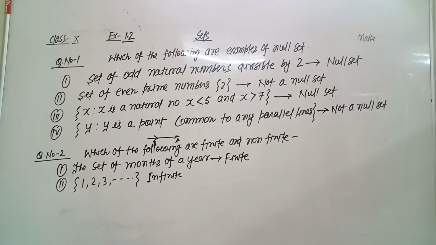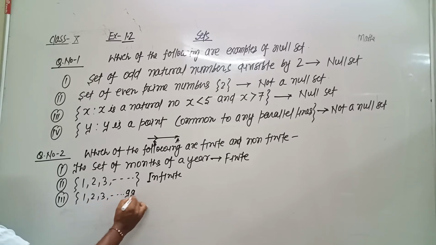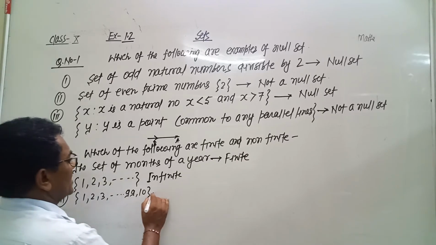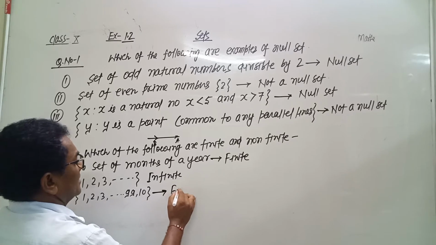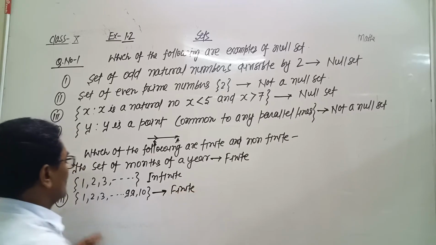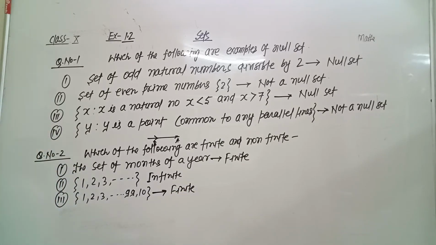Next is 1, 2, 3 dash dash 99 and 100. So this is a finite set because it can be counted. There are 100 numbers, which is finite.